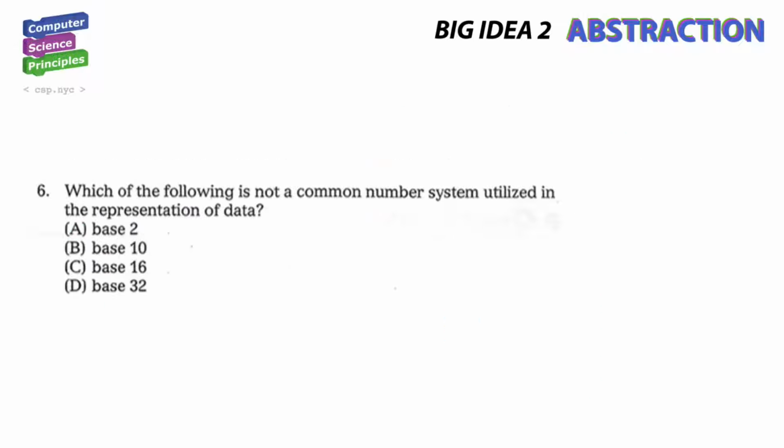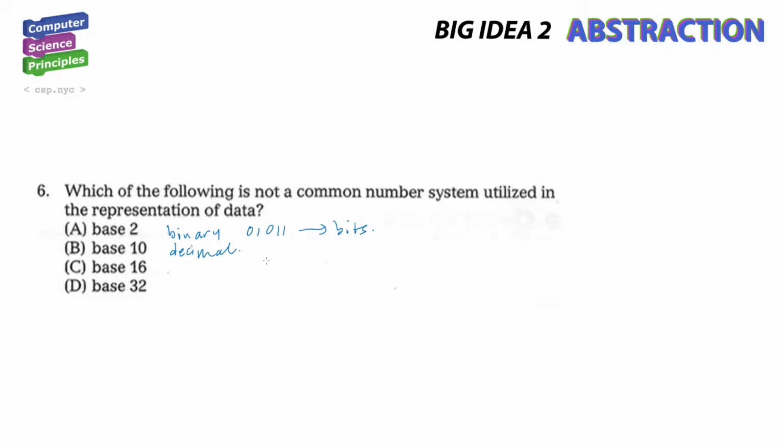Question number 6. This question says, which of the following is not a common number system utilized in the representation of data? Well, base 2 is binary, and that's when we deal with zeros and ones to represent bits. So that definitely is used in the representation of data. Base 10 is decimal.